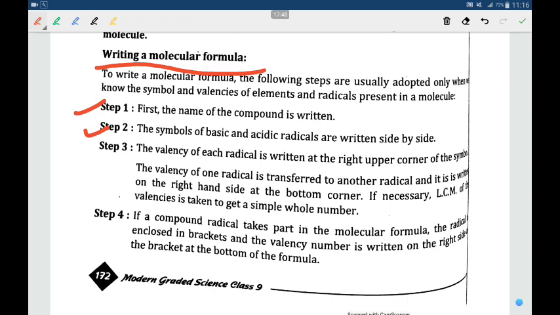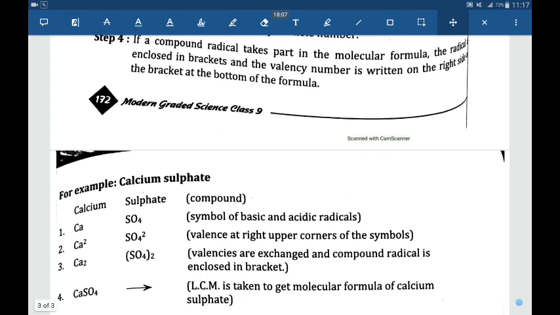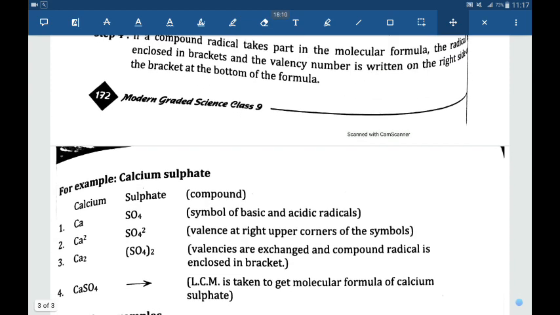Third one, the valency of each radical is written at the right upper corner of the symbol. If a compound radical takes part in the molecular formula, the radical is enclosed in brackets and the valency number is written on it. This much only. Look here.